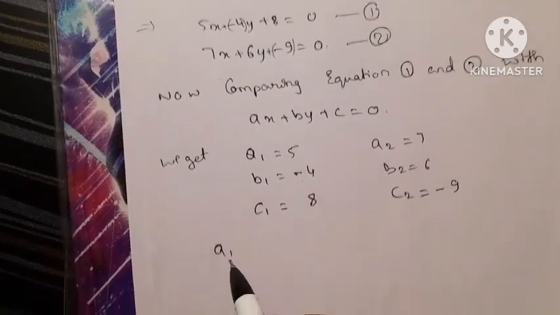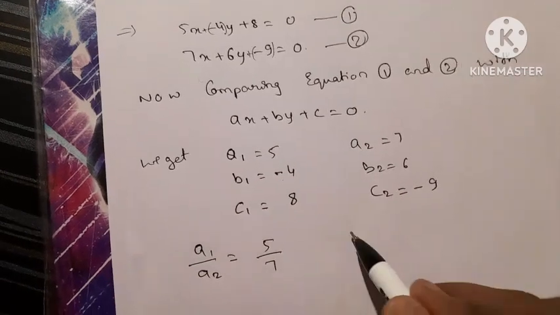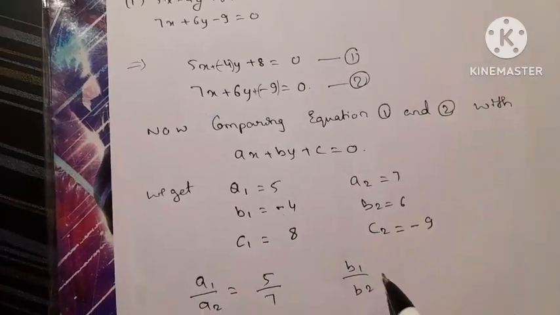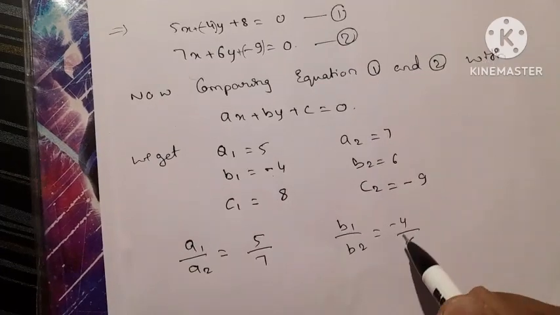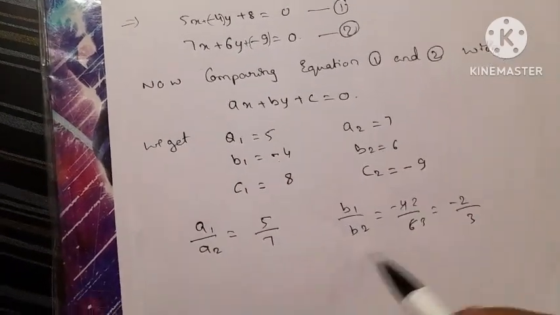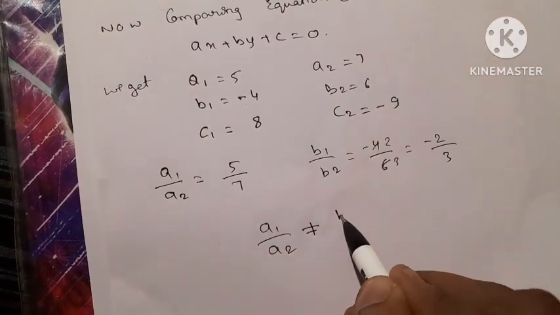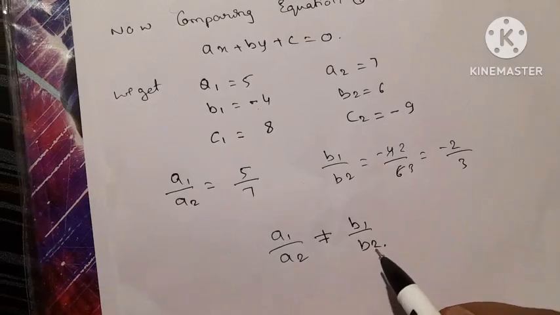Now let's find a1 by a2, which will be equal to 5 by 7, and b1 by b2, which will be equal to minus 4 by 6. So 2 2s are 4, 2 3s are 6, equal to minus 2 by 3. As you can see, a1 by a2 is not equal to b1 by b2.